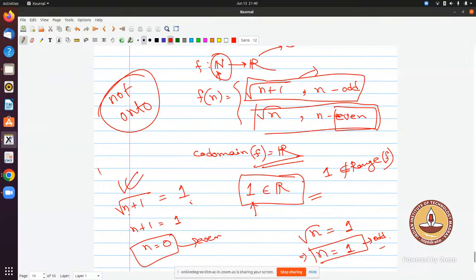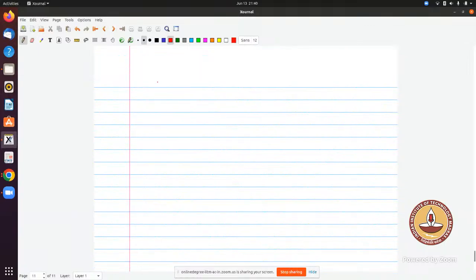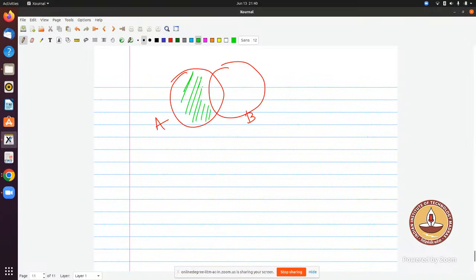So A minus B is basically all such elements which are inside A but not in B. Suppose this is A, this is B. This portion is your A minus B.